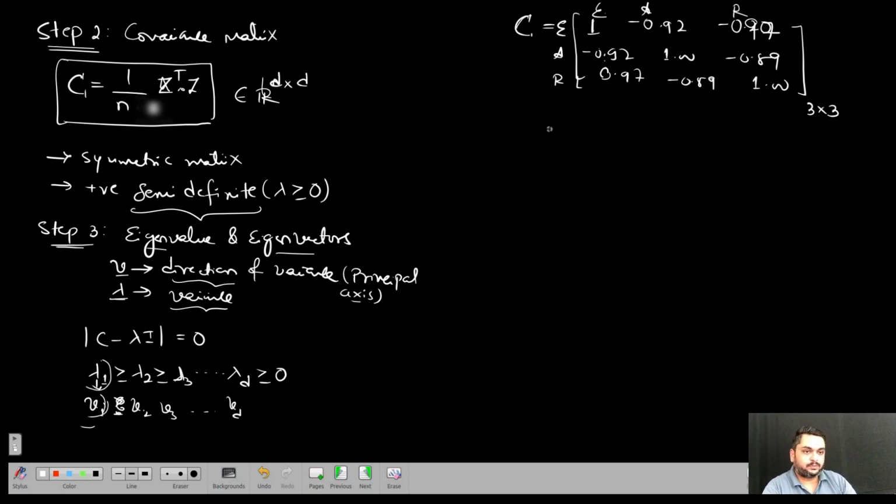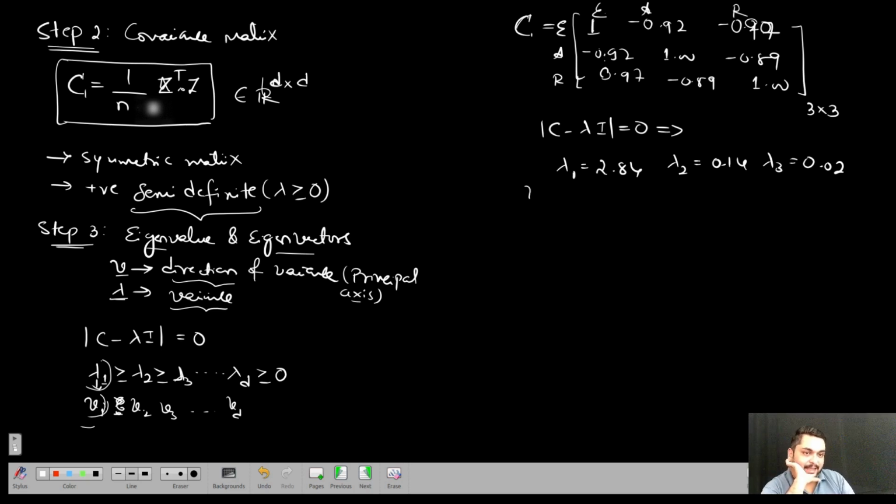Now for this example, if I take the determinant of C minus lambda I equal to 0, I will get lambda 1 equal to 2.84, lambda 2 equal to 0.14, and lambda 3 equal to 0.02, because it is a 3 cross 3 matrix, so the dimension is 3. I'll get only 3 eigenvalues.